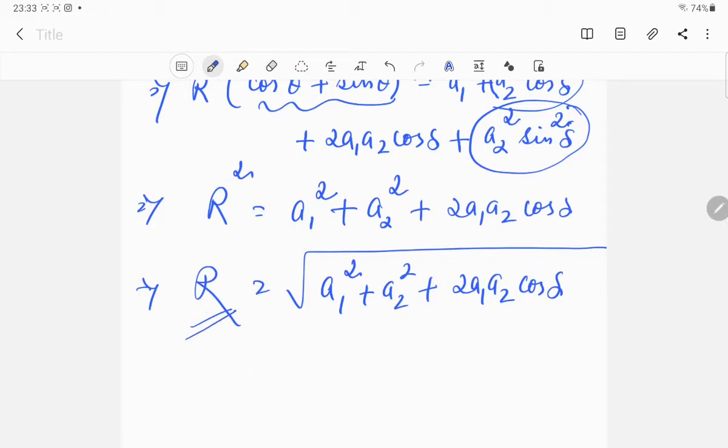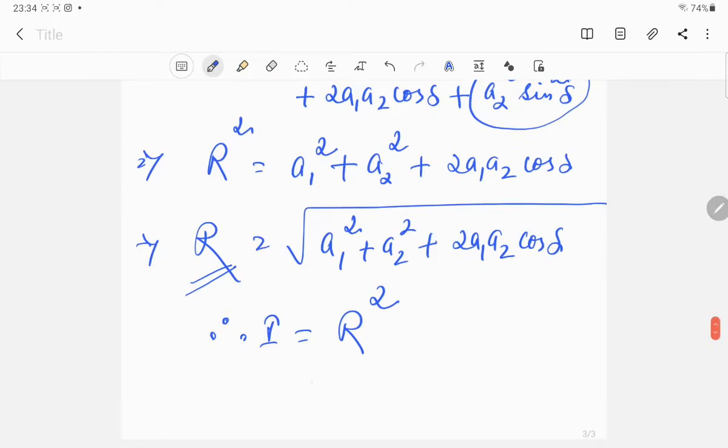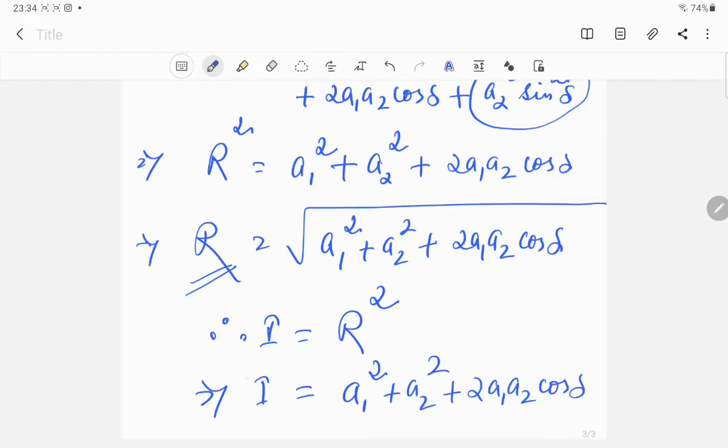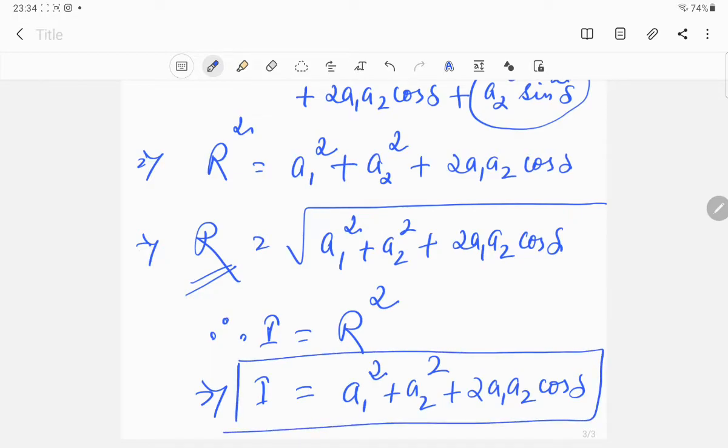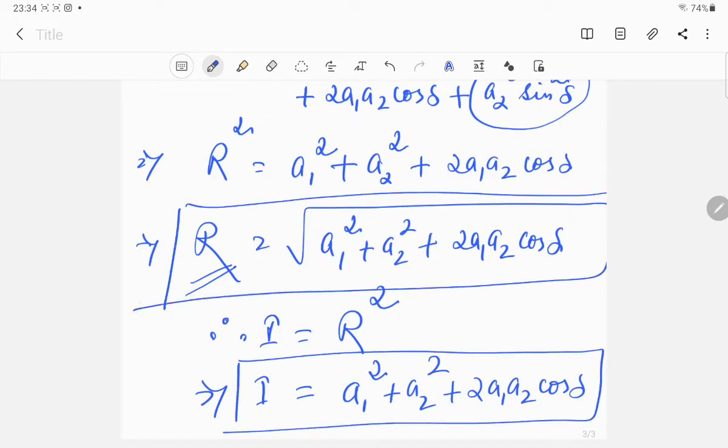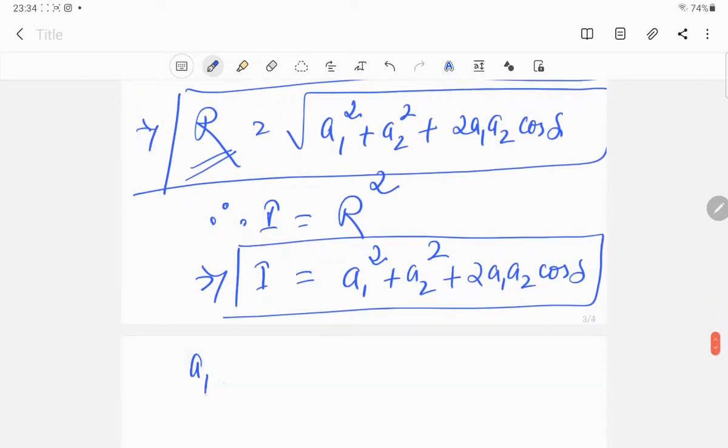Okay, and therefore resultant intensity is nothing but the square of the resultant amplitude. So intensity is nothing but A1 square plus A2 square plus twice A1 A2 cos delta. So these are the important formulas. Here A1 is the individual amplitude of the first wave, A2 is the individual amplitude of the second wave, and R is the resultant amplitude.